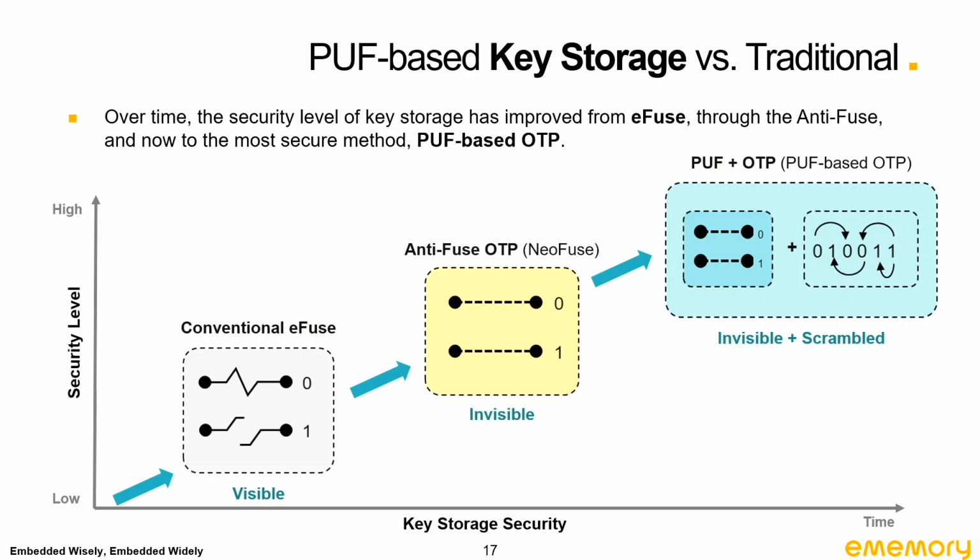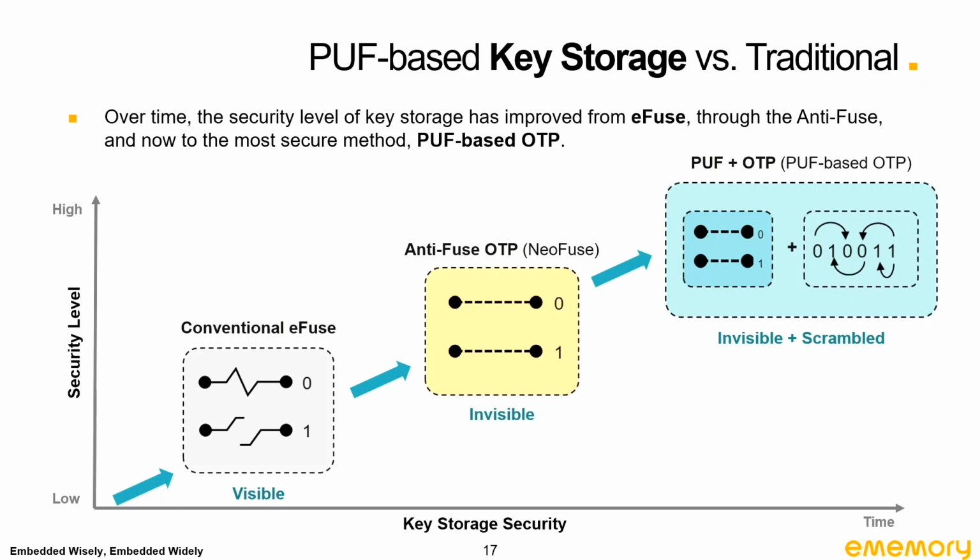This method makes eFuse easy to reverse engineer by looking at which fuse was burned. There is also the risk of the fuse growing back, because the thin piece of metal can sometimes reattach itself, which causes the key to disappear.